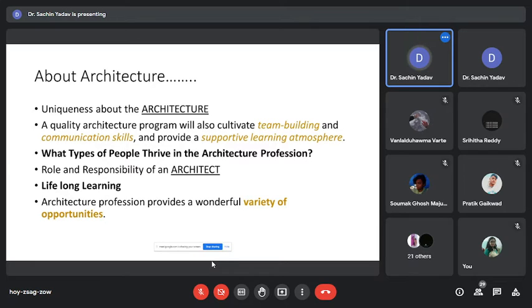Some architects are experts in hospitals, and some architects are good at designing shopping malls. So it depends on the area of interest and how you are dealing with the architectural issues.